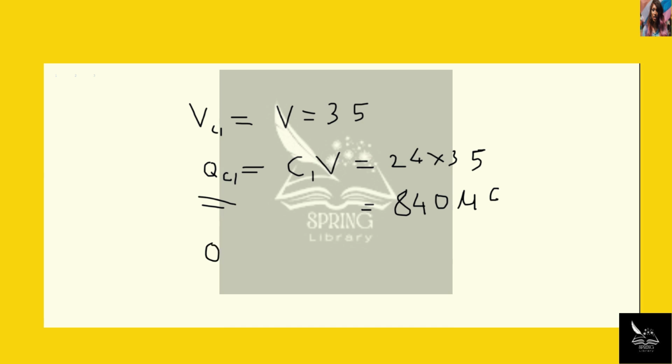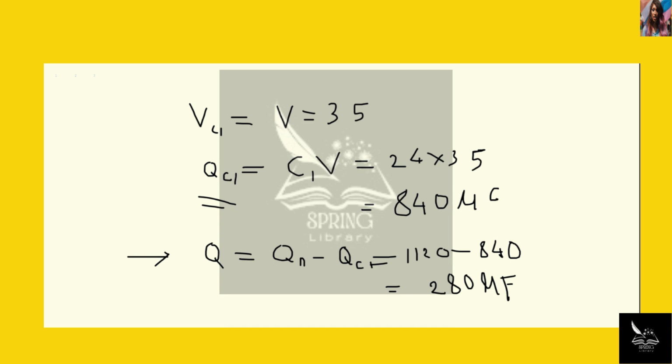So this charge is given by Q net minus QC1, which is equal to 1120 minus 840. This comes from the fact that charge is always conserved. So this subtraction will give you 280 microcoulomb.